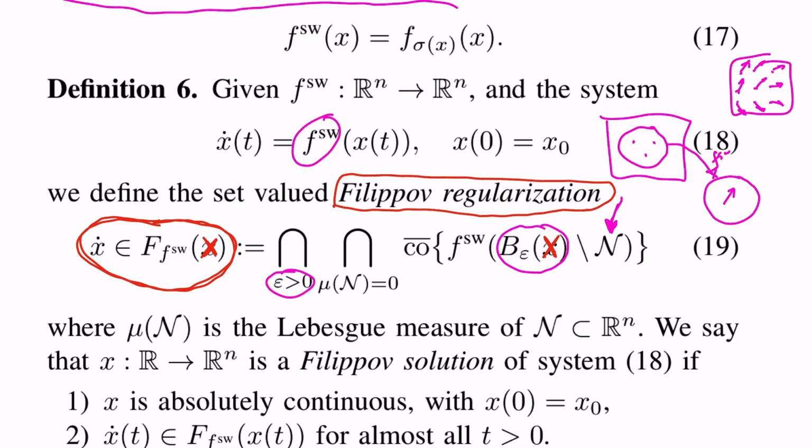Okay. And there are some points, however, at which f switching is not differentiable. So this is like holes, right? This is an open ball, and the red points in this case are isolated points where f switching is not differentiable.